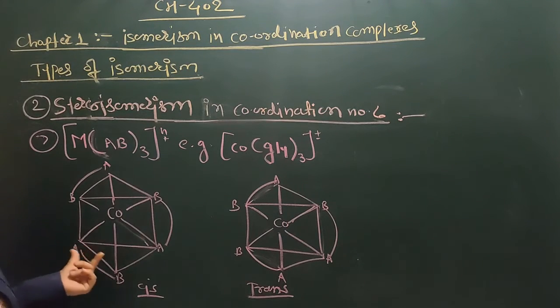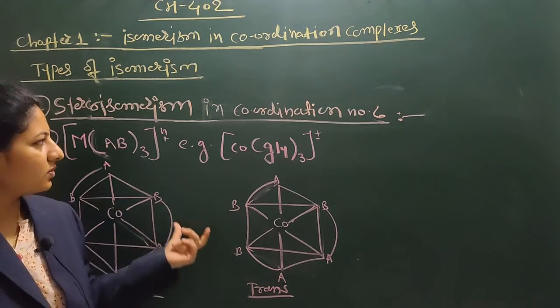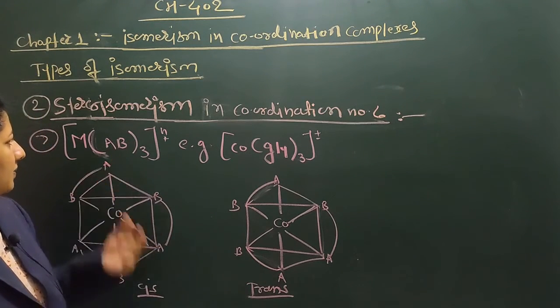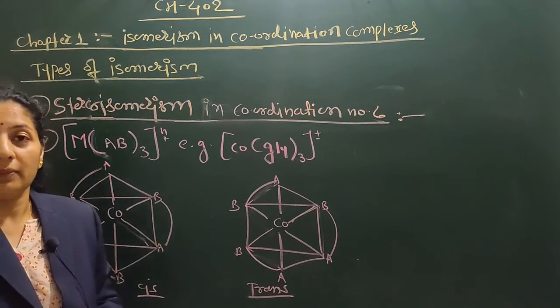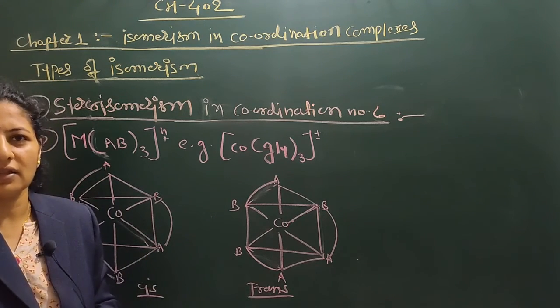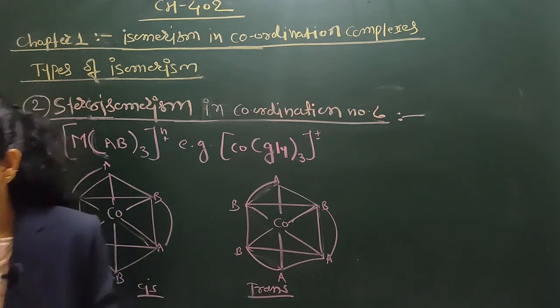So in this type there will be 2 isomers, cis and trans. So in this type, that is MAB3, this shows 2 isomers, cis and trans. Now let's discuss the next one.